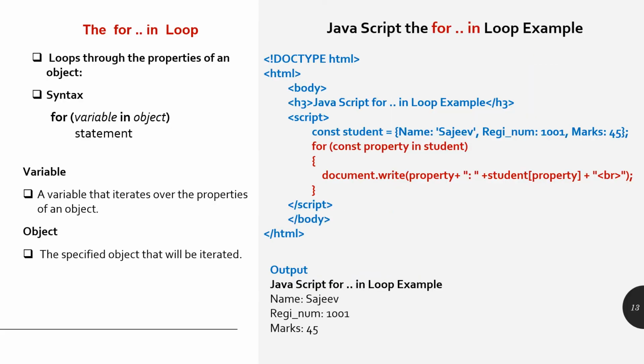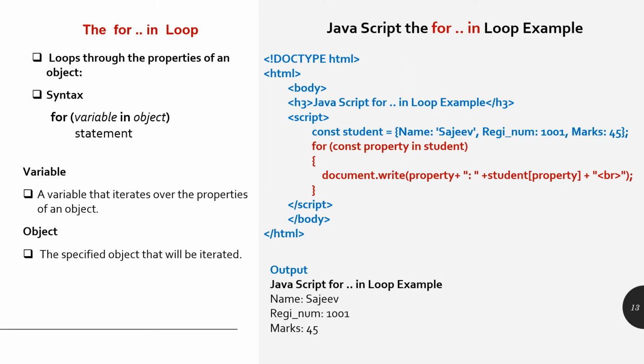Now let's discuss the for-in loop. This loop loops through the properties of an object. Syntax is: for variable in object. Variable means it iterates over the properties of an object.